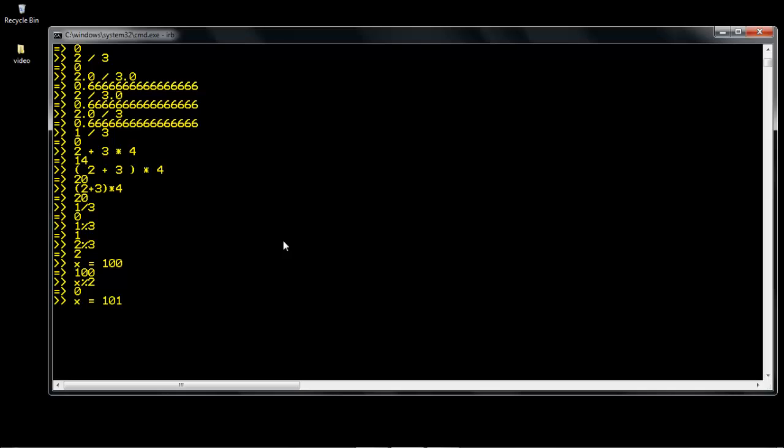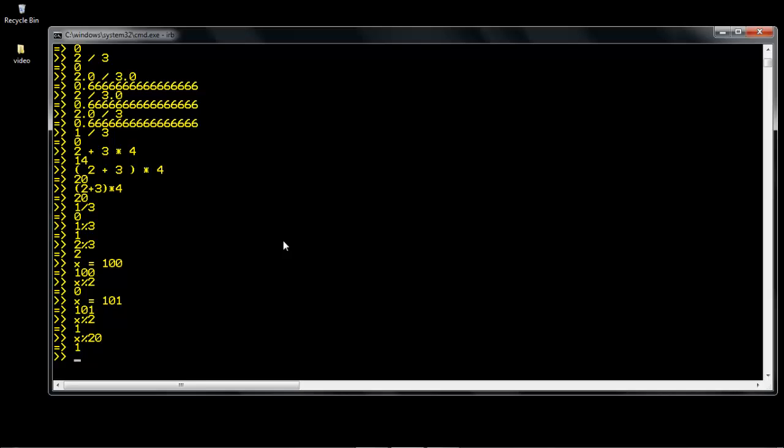If x mod 2 is 1, that means this is an odd number. Alright, if x mod 20 is 0, it is divisible by 20. If it's not 0, it's not directly divisible by 20. There's some remainder if you do that division.